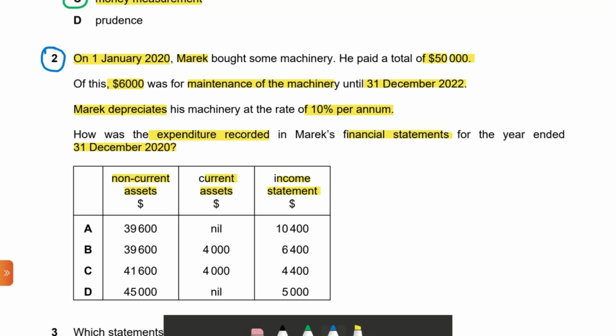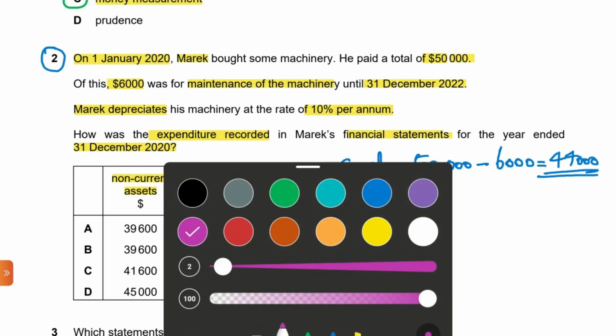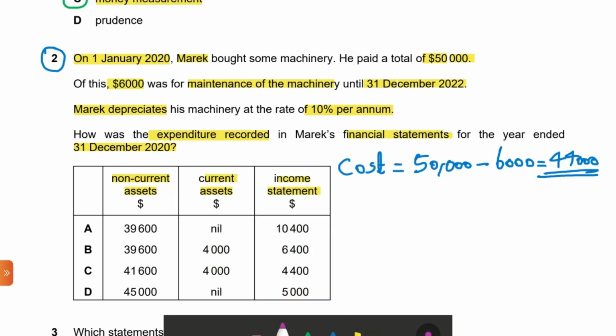So let's check. Here the cost of the machinery is 50,000 minus 6,000, that is 44,000, because 6,000 is for maintenance cost. Next, the maintenance of machinery, 6,000.